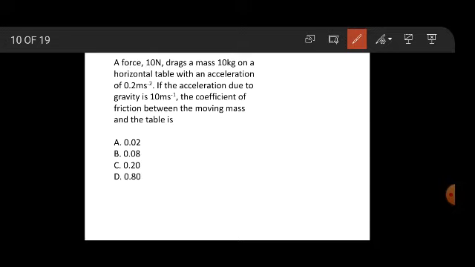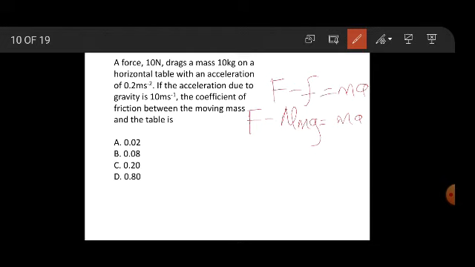So what formula am I going to apply here? That is F minus F equal to ma. You see that? So when it is static, when it's about to move, F is equal to F. But when it is moving, you have this. So we can say F minus mu mg is equal to ma, because frictional force is mu mg.